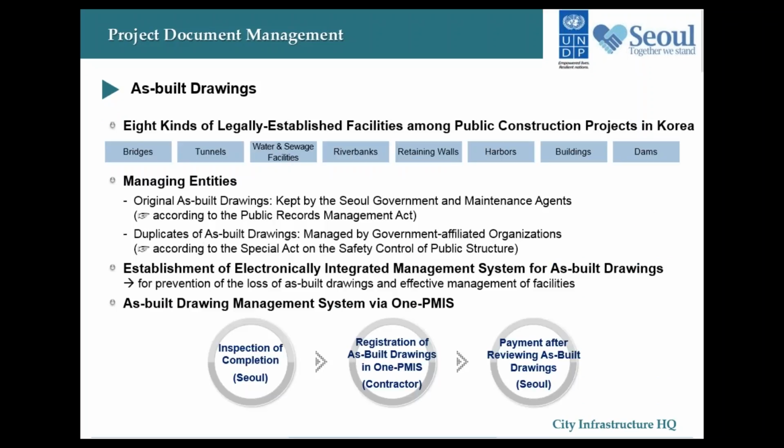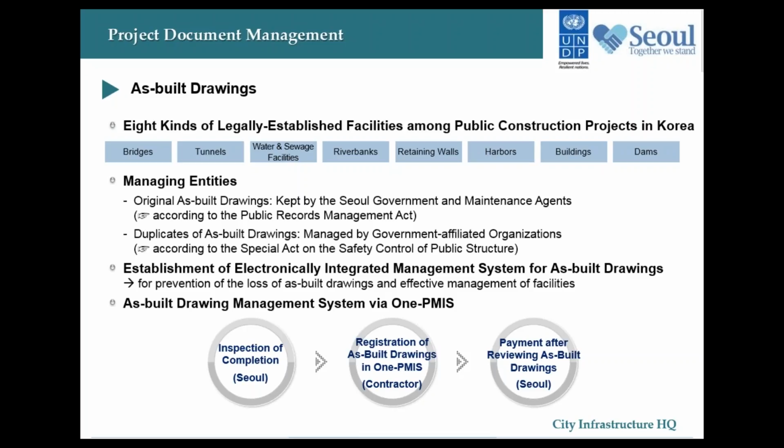Now next is the as-built drawings. So this is quite important because previously, before the introduction of the OnePMIS, as-built drawings of Seoul's construction projects were managed by several entities and departments in a complicated and diffuse manner. And we know what happens when different people manage different sets of documents.